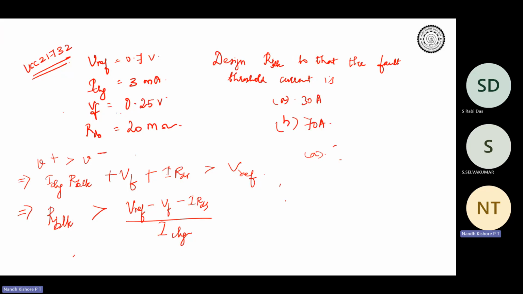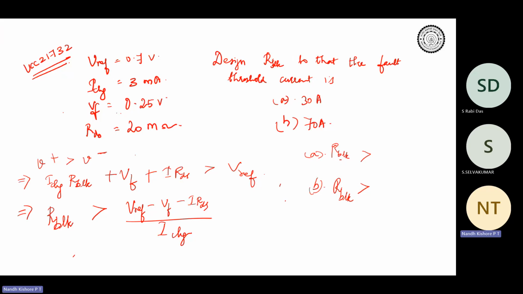Will you guys do this or should I? Let me do it for one. Sorry, did you solve this? What should be RBLK in the first case and what should be RBLK in the second case? Can you solve and tell?